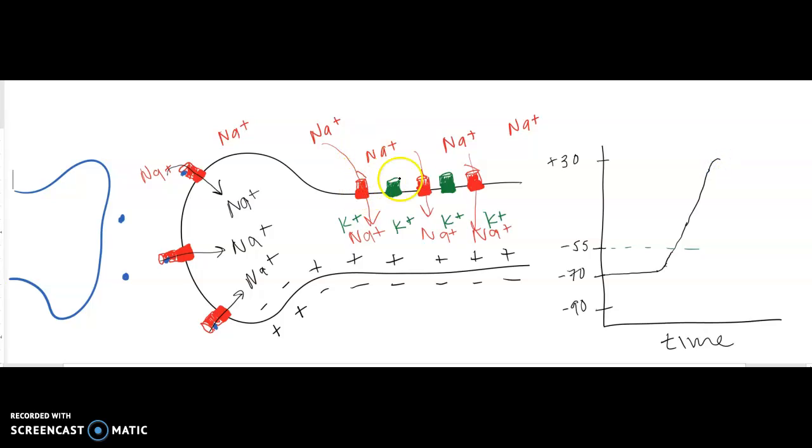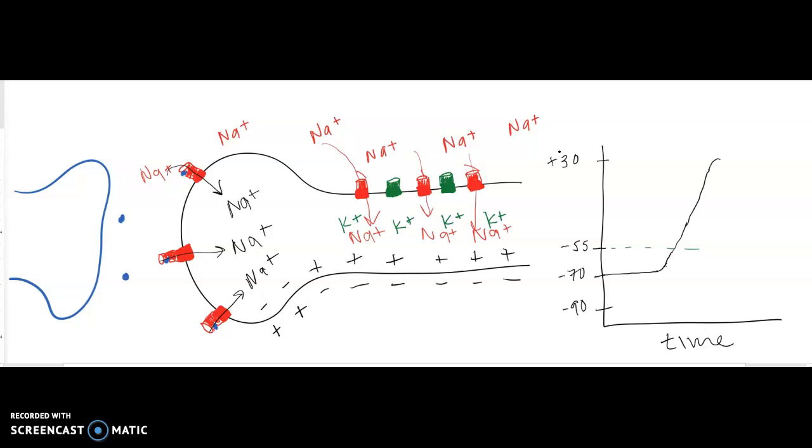Okay, so now I have reached another very important kind of key here. These are my voltage-gated sodium channels. These green ones here are my voltage-gated potassium channels, meaning they transport potassium and they're voltage gated. So they also require a key in the form of a voltage, and specifically for these channels, they need this voltage here of positive 30.